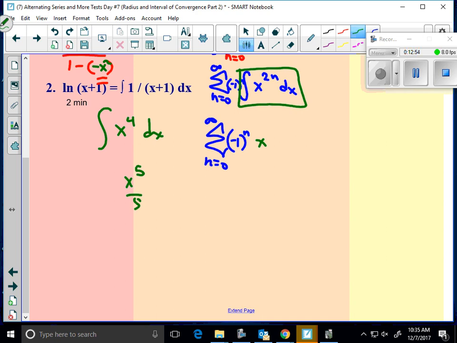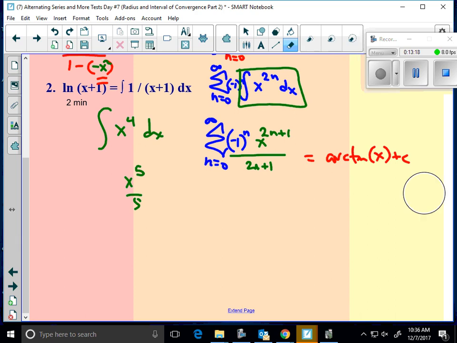So I'm going to add 1 over 2n plus 1. That will equal what we've said over here, the arctan of x plus c. And I'm not going to go through the whole charade here, but the plus c ends up equaling 0. C equals 0.